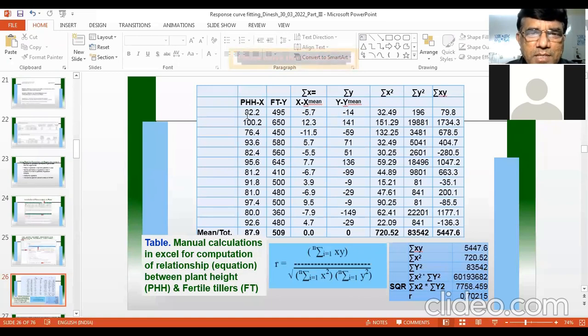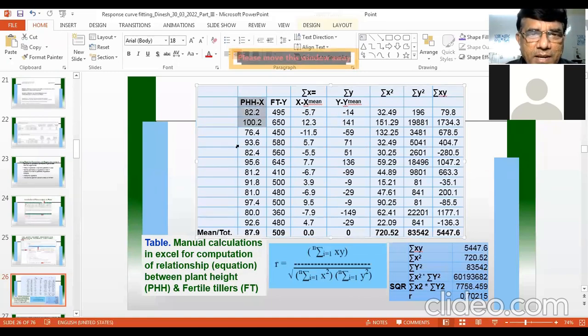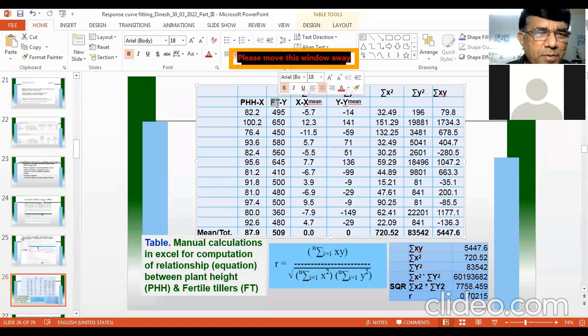So this plant height is your independent variable, suppose you name it X. Then fertile tiller, the number of panicles per hectare or per meter square, whatever you like, you can consider as dependent variable Y.